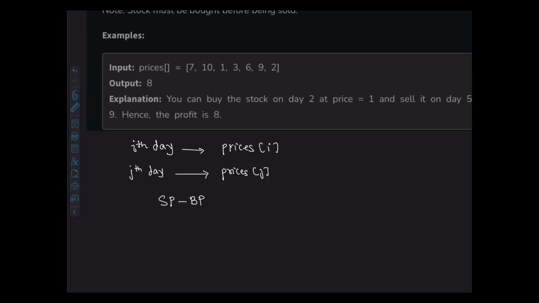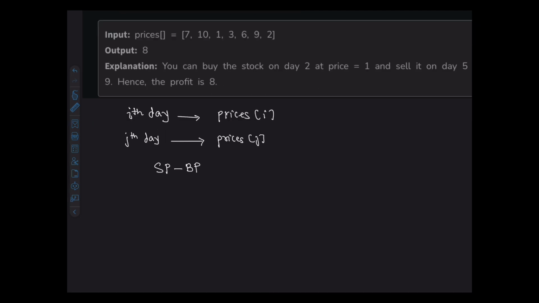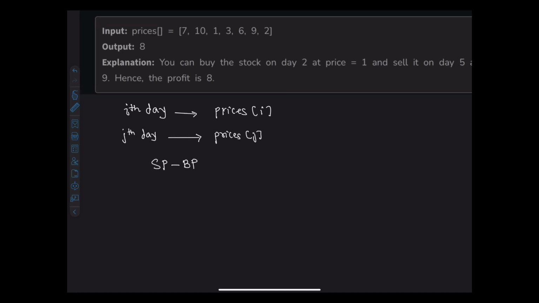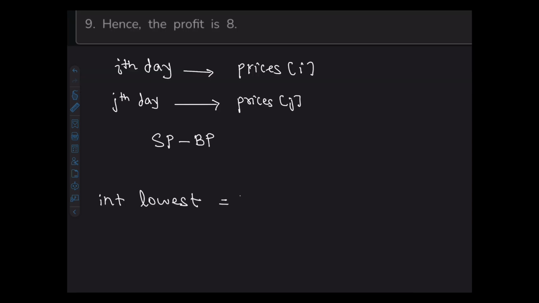We are focused on finding a day at which the price of this stock is the lowest so that we can buy on that particular day where the price is lowest. In order to keep track of the lowest price, we will define a variable lowest. Okay, and let's initialize it with a very big number.